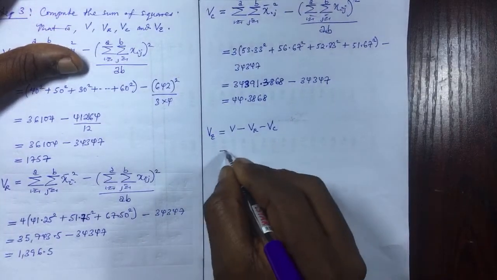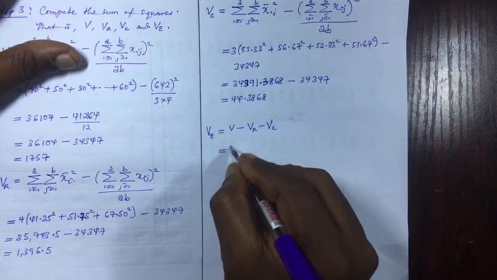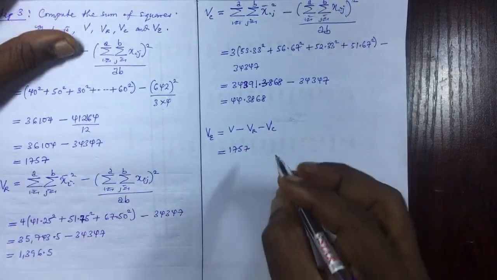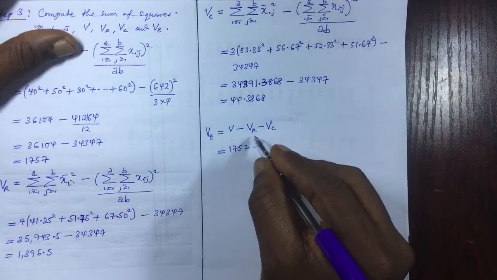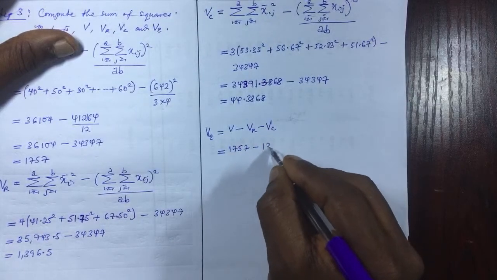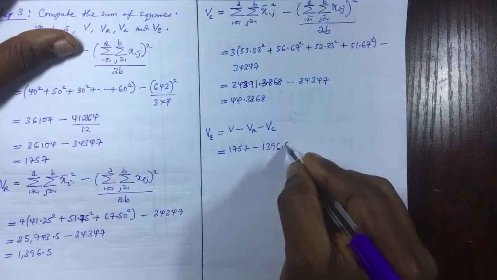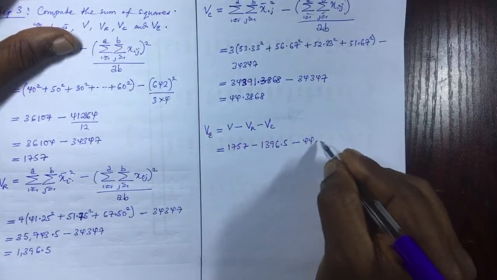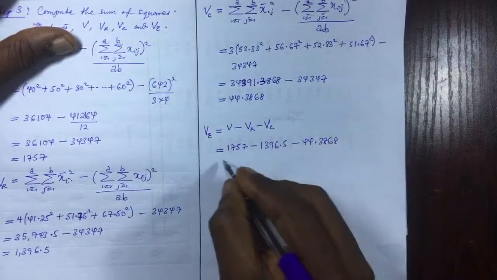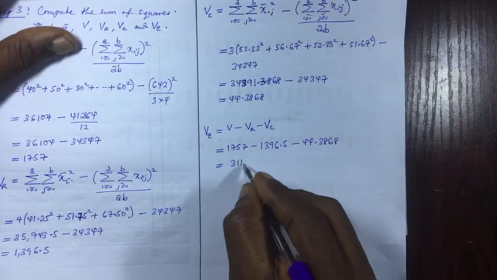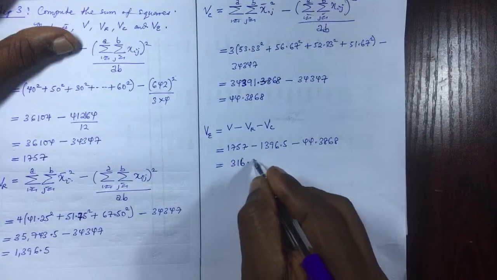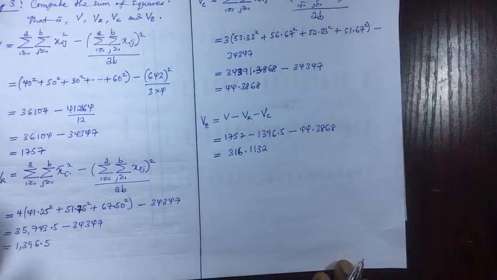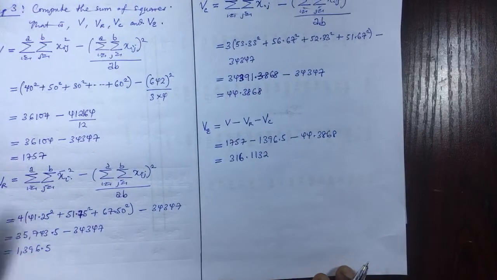So this will give you 1757, what we obtained for V, as you can see, minus the result we obtained for VR, 1396.5, minus the result we have just obtained, 44.3868. And if you simplify, that will give you 316.1132. So now this concludes step 3.